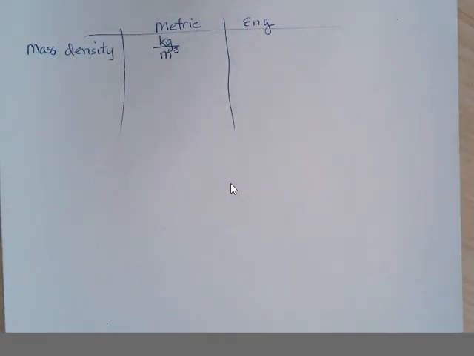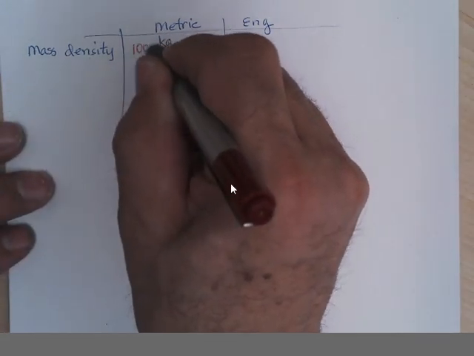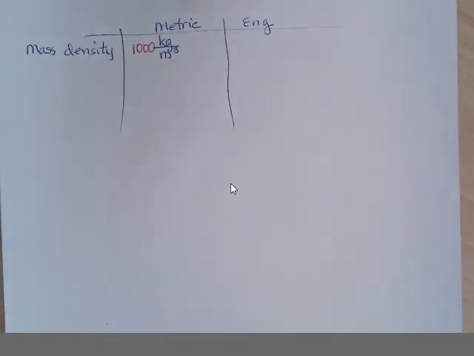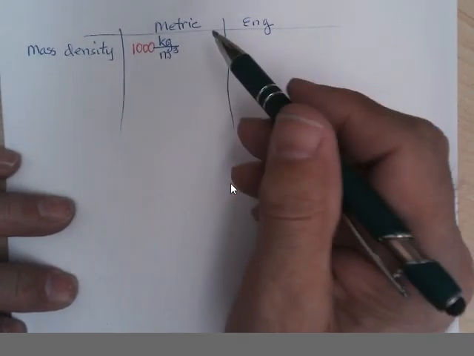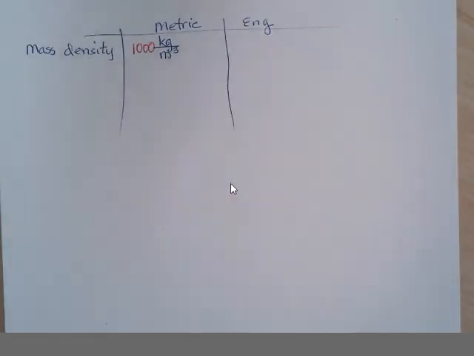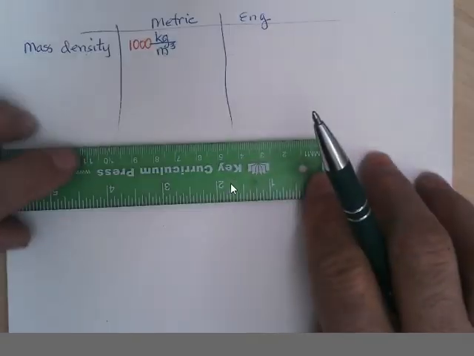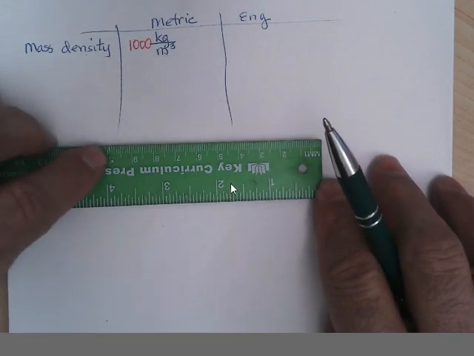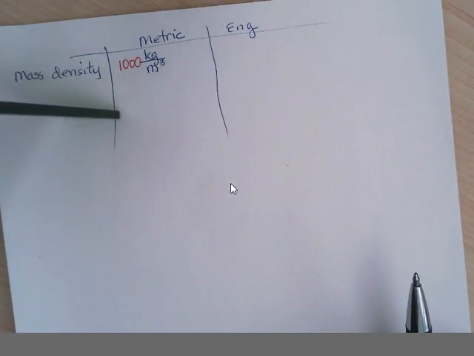And if I'm talking about water, water's mass density is 1,000 kilograms per meter cubed. A meter cubed has 1,000 liters. And if you don't know what a liter is, it's a box about 10 centimeters, about 4 inches, by 4 inches by 4 inches.